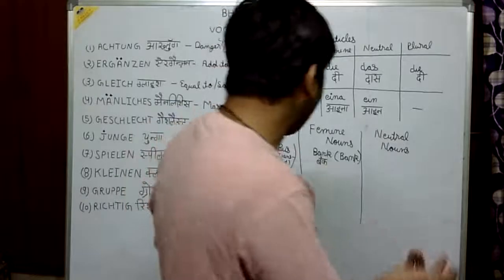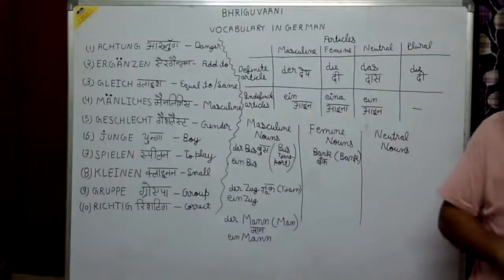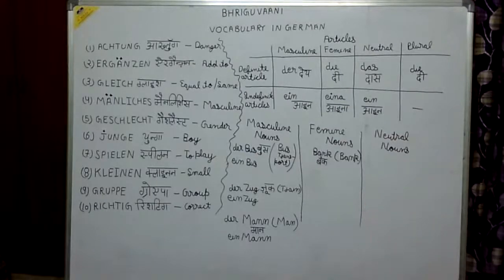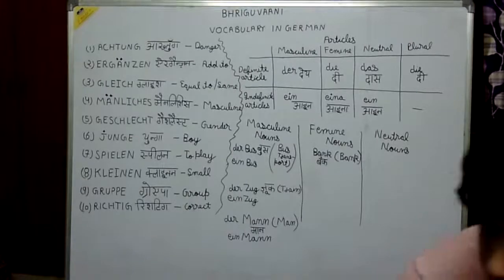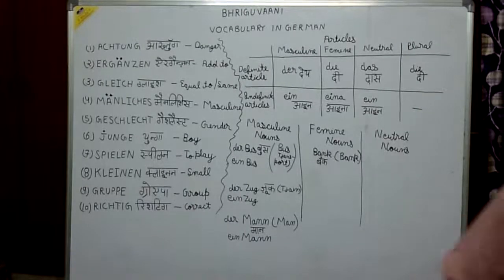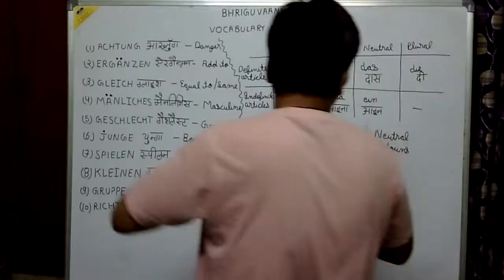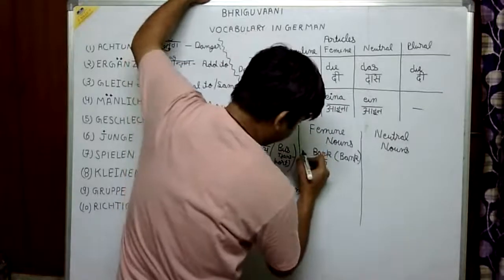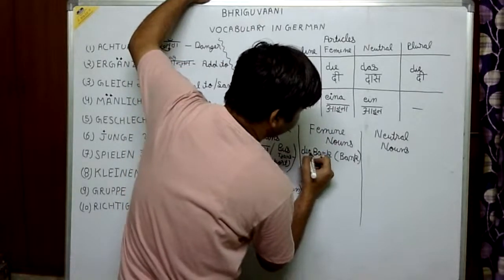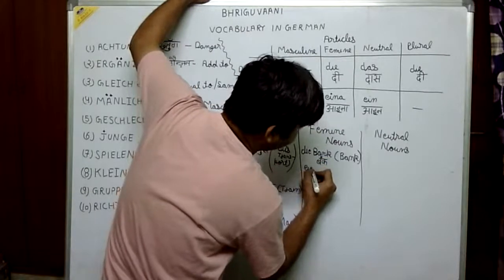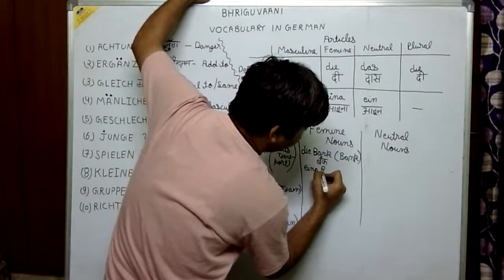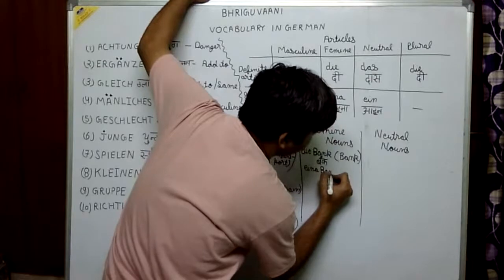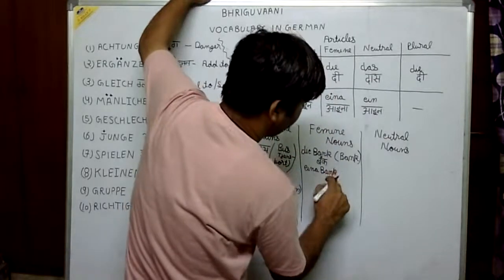State Bank of India, Punjab National Bank, Indian Overseas Bank. In German we call it Bank. This is a feminine noun. So what we can say is die Bank, or eine Bank.